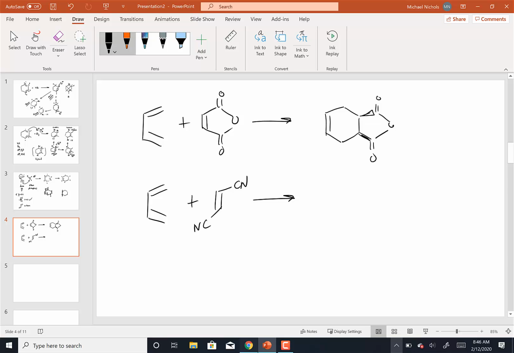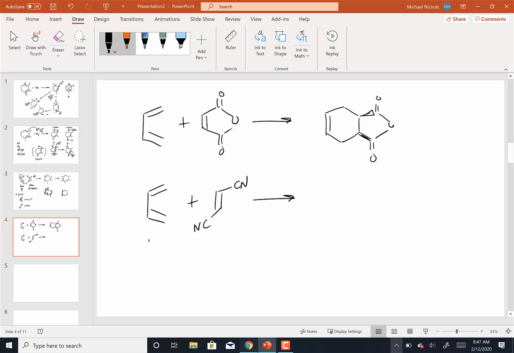Well, to try and avoid confusion by probably adding confusion, the reason that people say you can't do this reaction is because they see this and they go, trans, you can't use trans. I can't use the S-trans conformation on the diene. Okay. So there's two different transes we're talking about.